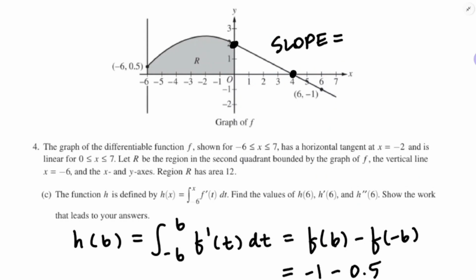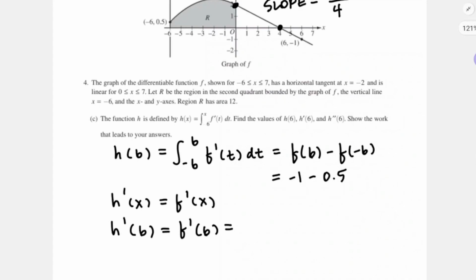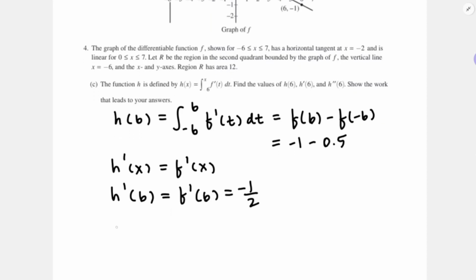Slope is going to equal rise over run, so I rose -2 when I ran 4, that's -1/2 there, along that line. So it's going to equal -1/2, and then we want to know h double prime of 6, so I'm going to say h double prime of x equals f double prime of x, and that's going to have to equal 0 because f is a linear function.